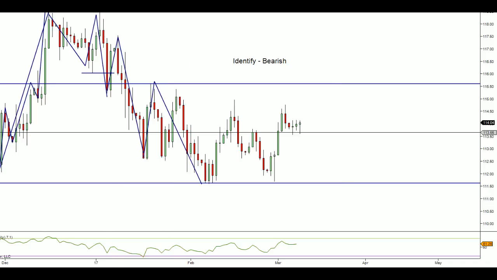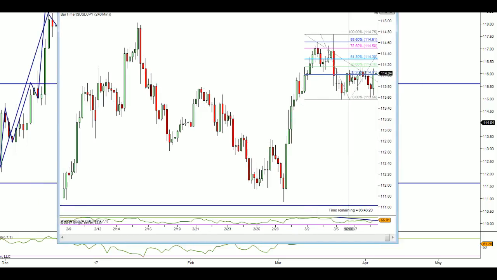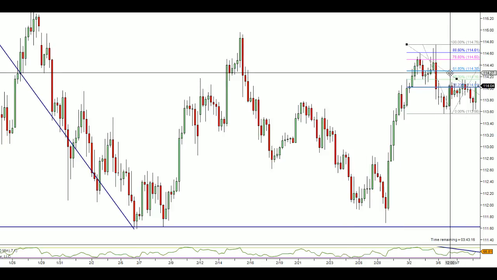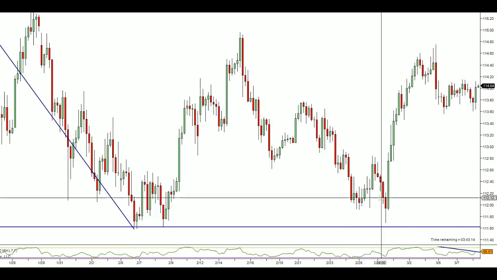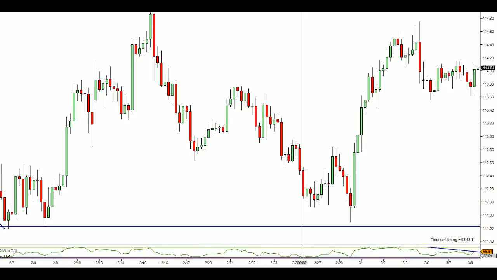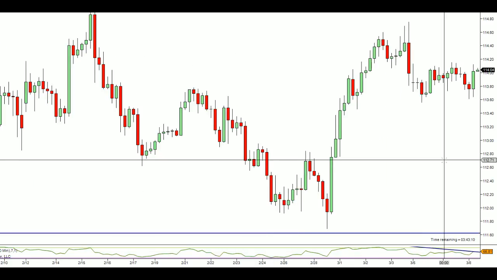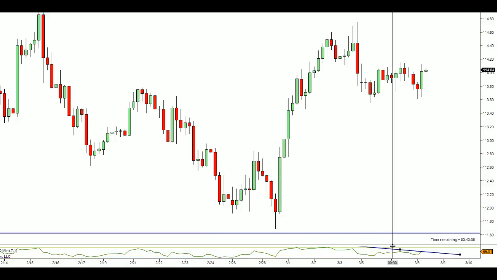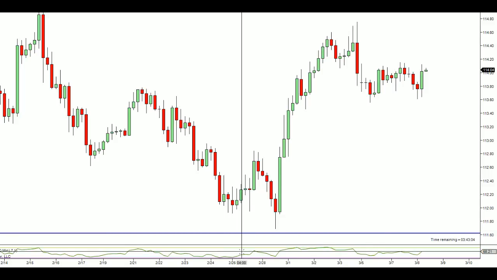Then I want to predict where price is likely to go next. Let me delete these. Let me zoom in here. I'm going to go ahead and delete that too.